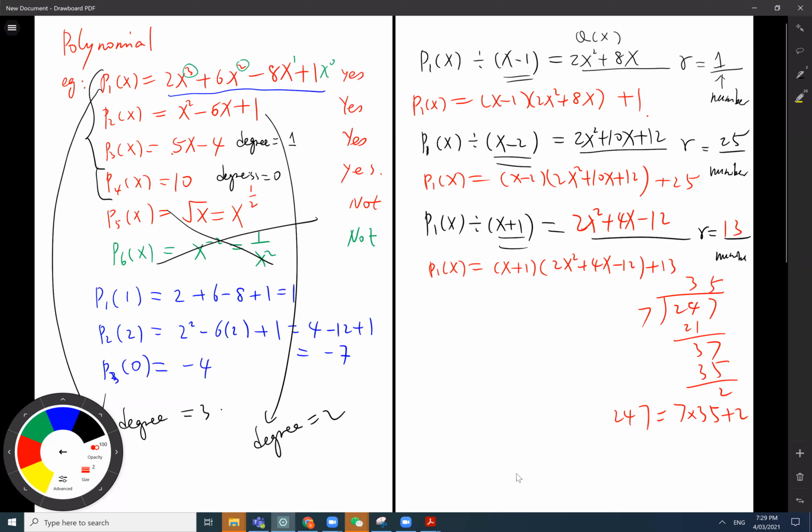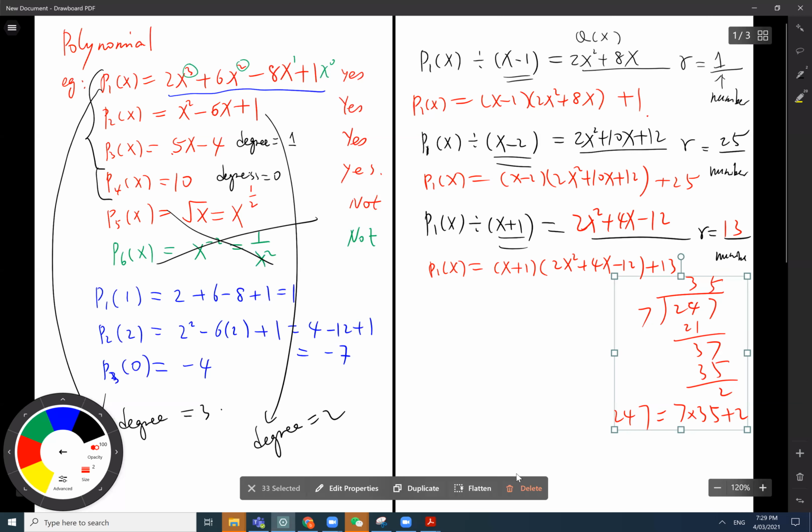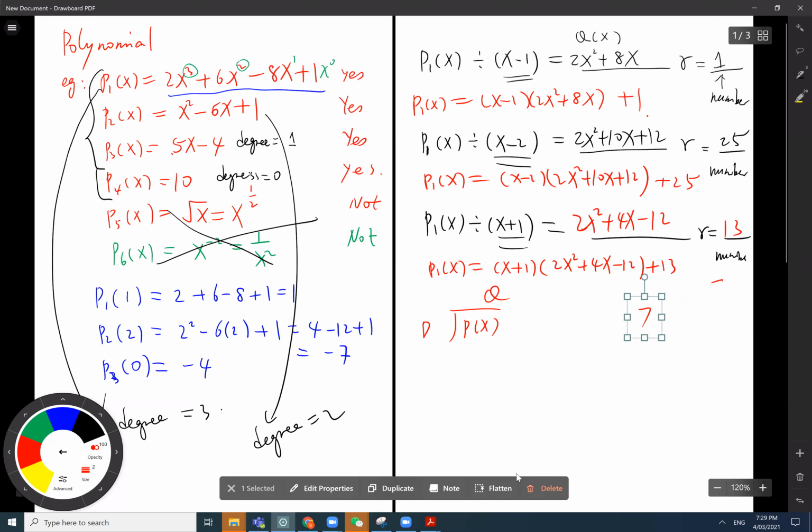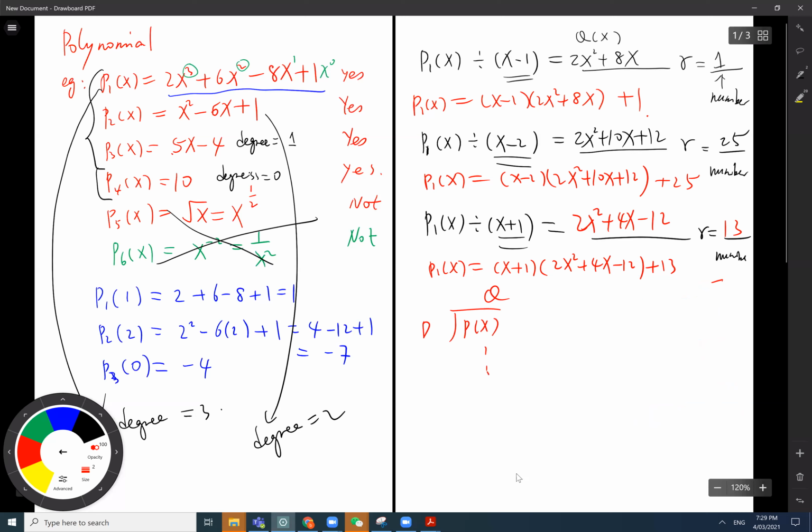We can make it like a formula. P(x) divided by D(x), you got the quotient and remainder.